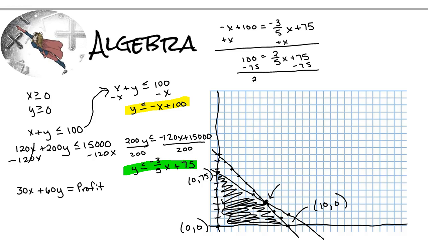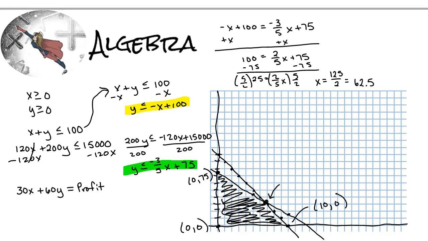So that gives us 25 equals 2/5 x. And then you can multiply both sides by 5/2. So that's going to give us x equals 125 over 2, which equals 62.5.